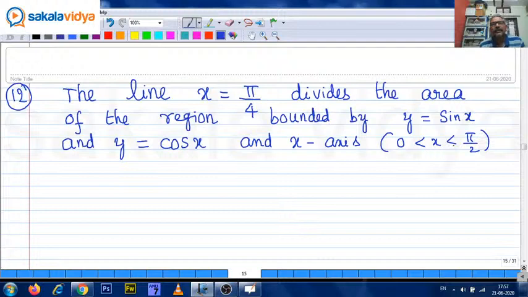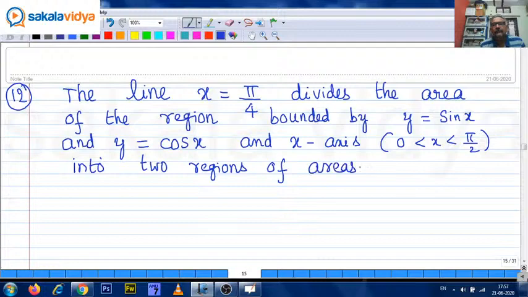So this interval is being divided by x is equal to pi by 4 into two regions of areas A1 and A2.